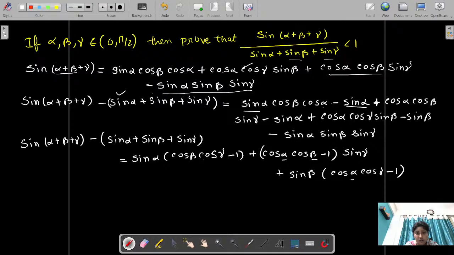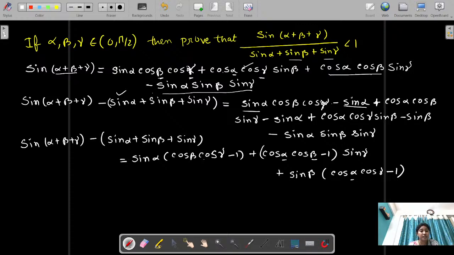Do a little bit of correction here. This will be my cos gamma, and you have to change accordingly here also. Cos gamma it will be. So this is beta gamma, this is alpha gamma, and this is alpha beta. Now it is correct.